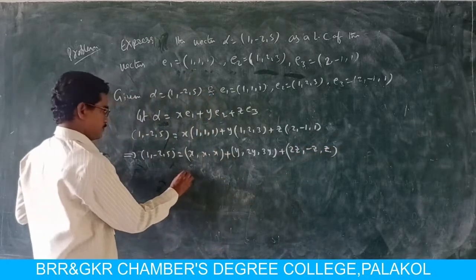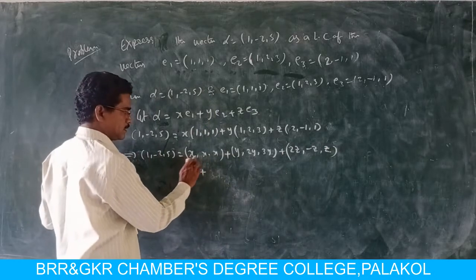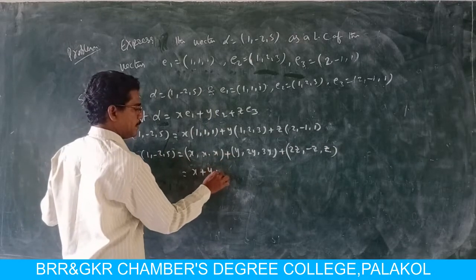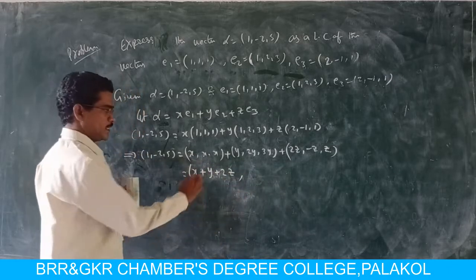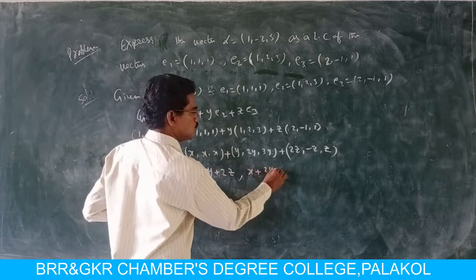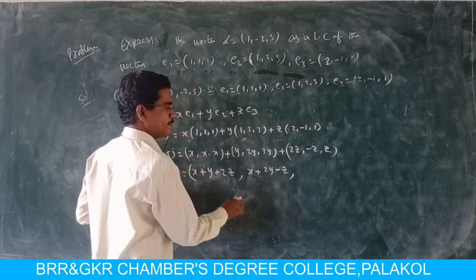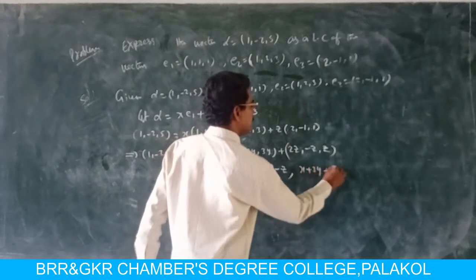Then addition of two vectors, that means x plus y plus 2z is the first coordinate, and the second coordinate means x plus 2y minus z, and the third coordinate x plus 3y plus z.